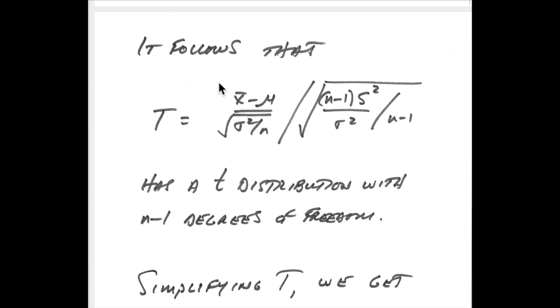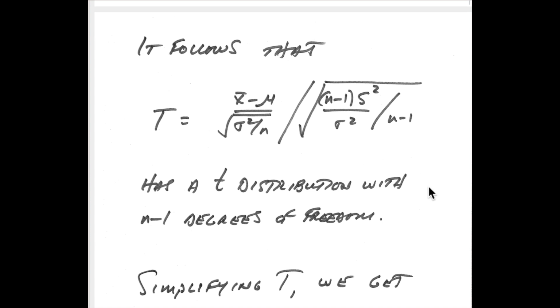This random variable in the numerator has a standard normal distribution. Here's my division bar. And in the denominator, I have the square root of a chi-square random variable that has n minus 1 degrees of freedom, and I'm dividing that by the degrees of freedom. By definition, we know that that random variable has a t distribution with n minus 1 degrees of freedom.